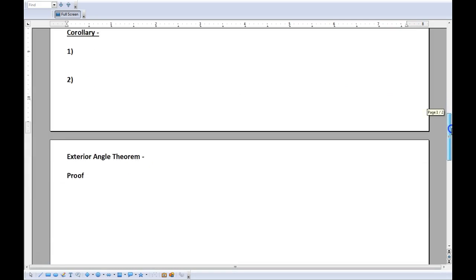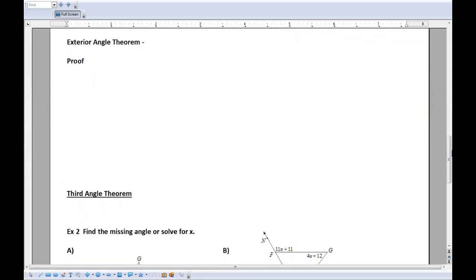Alright, so moving on down to our next theorem. Our next theorem is called the exterior angle theorem. And this one's pretty important, because without this, some problems really can't be solved. Some you can kind of work around, but some you cannot. And so here's how this one goes, and there's a little vocabulary here.